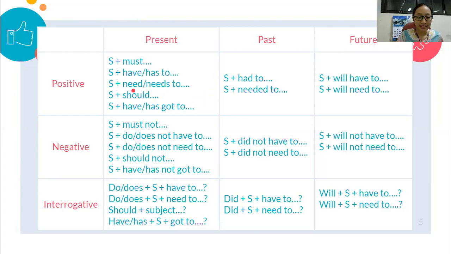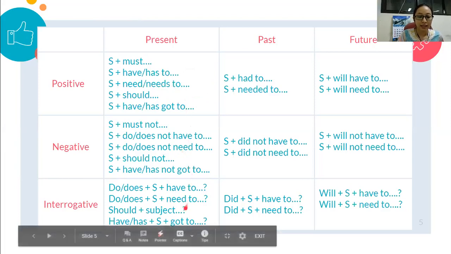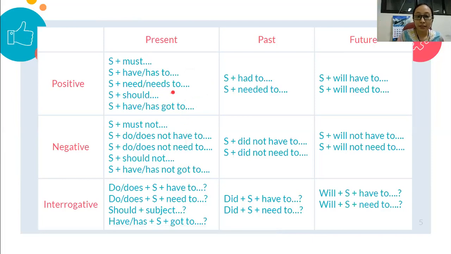Next is need. Okay, again, need or needs depend on the subject. Need for Ayu Dewi, needs for she, he, it. And for this need, we can use in the positive sentence, in negative sentence, and in interrogative, in questions. Need is also flexible.